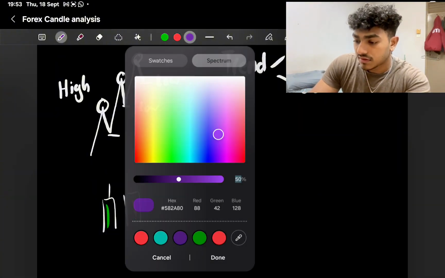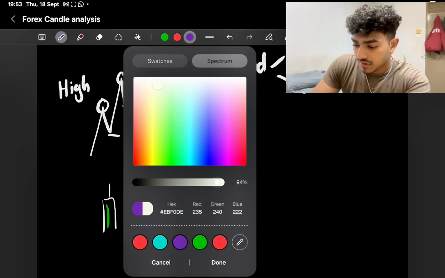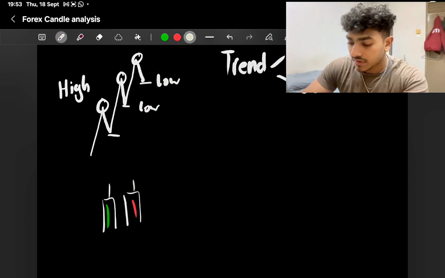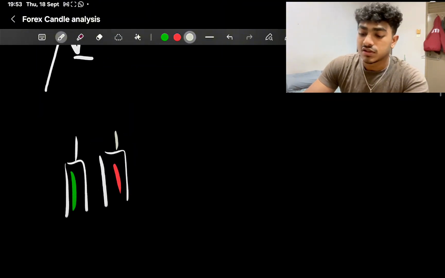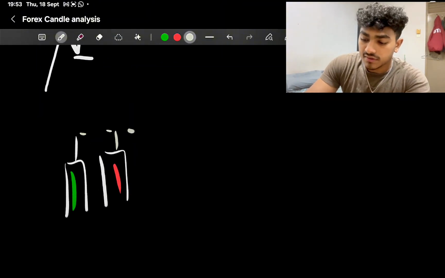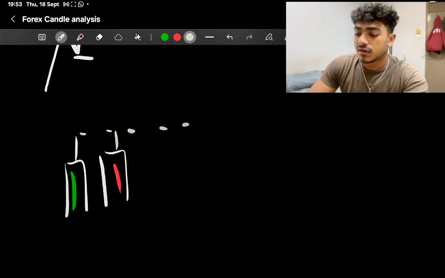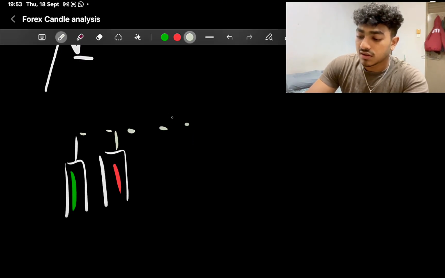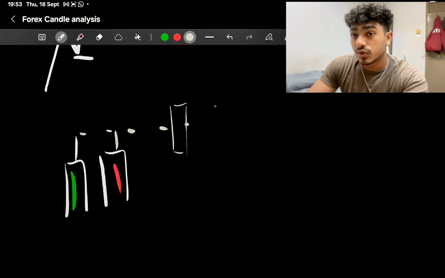Green candle, so there's a high right here. When a candle closes, it means the candle closed here, correct? So a candle closes here. Okay, it broke structure to the upside.